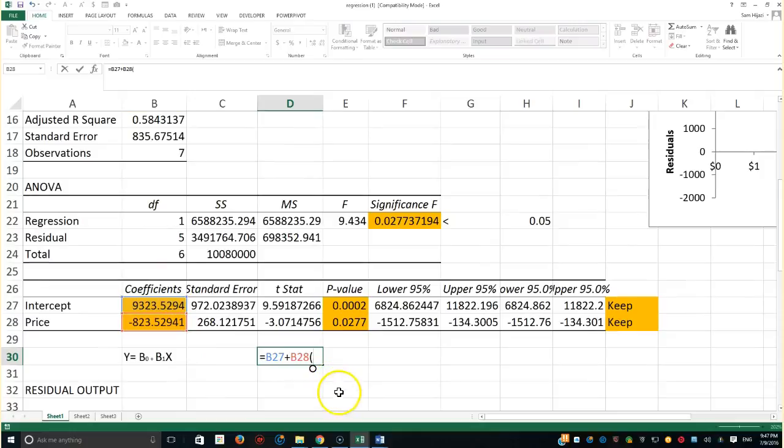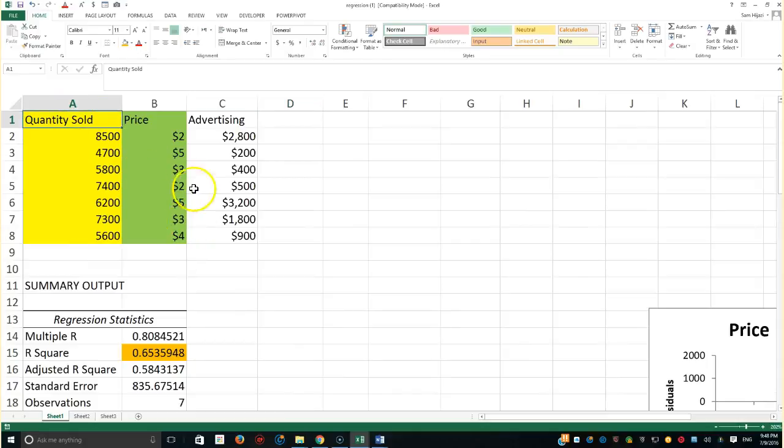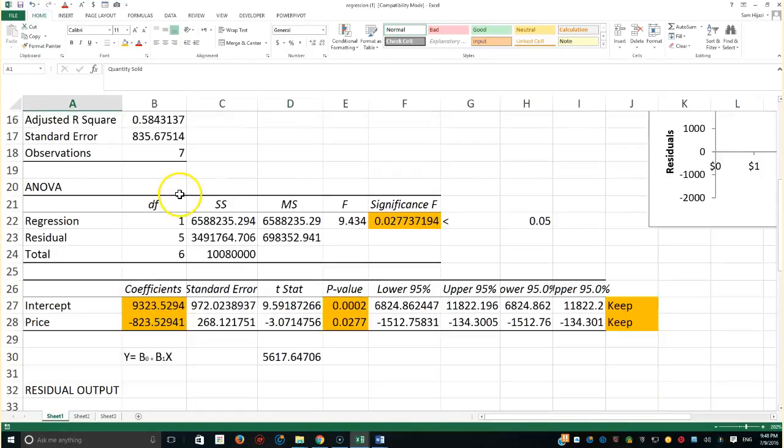So what will happen is the quantity sold at a price of $4.50. Okay, there is a mistake here. I forgot to add the asterisk. I'm thinking mathematically instead of following the rules of Excel. And this is what we will be able to sell. This is the quantity sold at the price of 4.5.